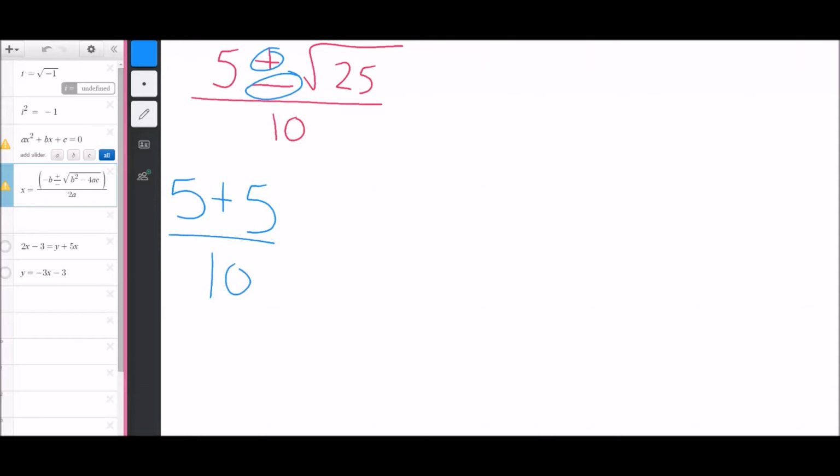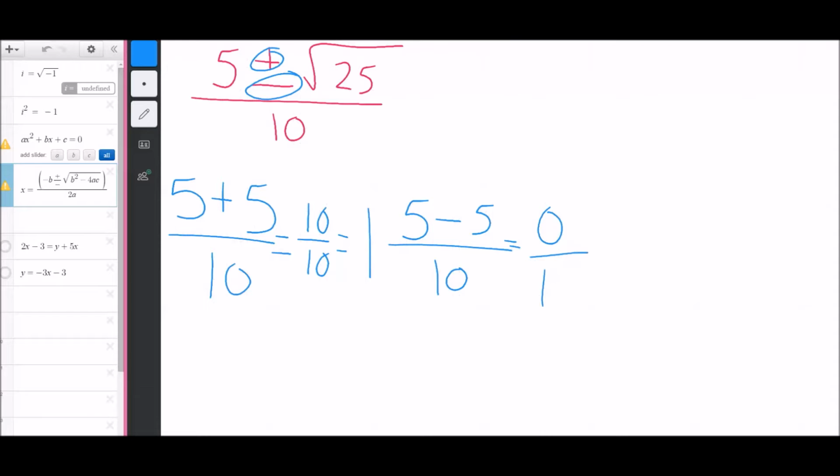Then for the subtract, it's going to be 5 minus 5 over 10. So it's going to be 10 over 10. It's going to be 1 whole. And then 5 minus 5 equals 0, and it's going to be 0 over 10. So it's going to be 0. So first answer is going to be 1 and 0.